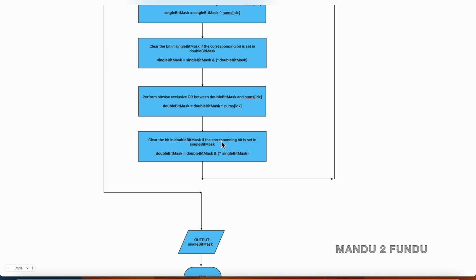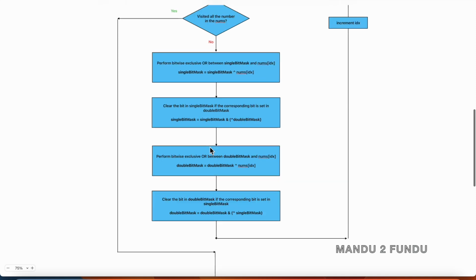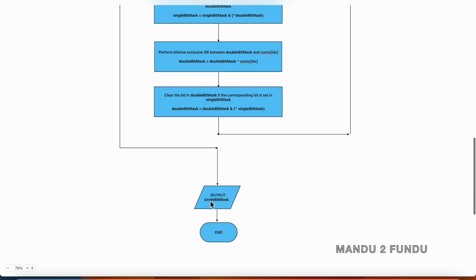Then we AND the negated single bit mask value with the double bit mask. This is for ensuring only the bits which occurred an even number of times so far. And we repeat this process and finally we return the single bit mask value as the output.